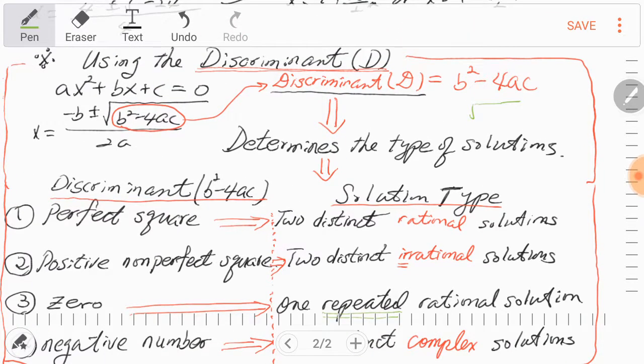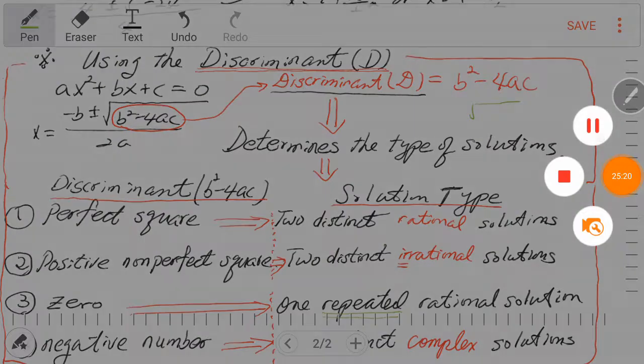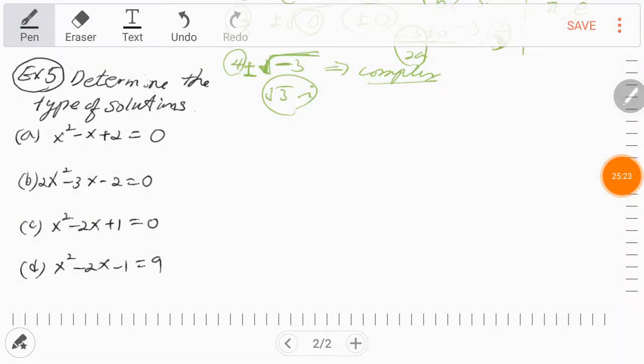So let's try some examples. In this example, let's determine the type of solutions of each quadratic equation. First we gotta use the discriminant. So let me write the discriminant d. d equals b squared minus 4ac. Okay, a is 1, b is negative 1, c equals 2.